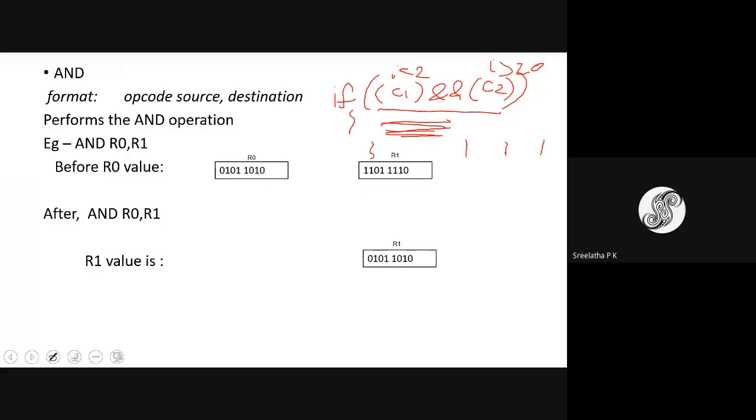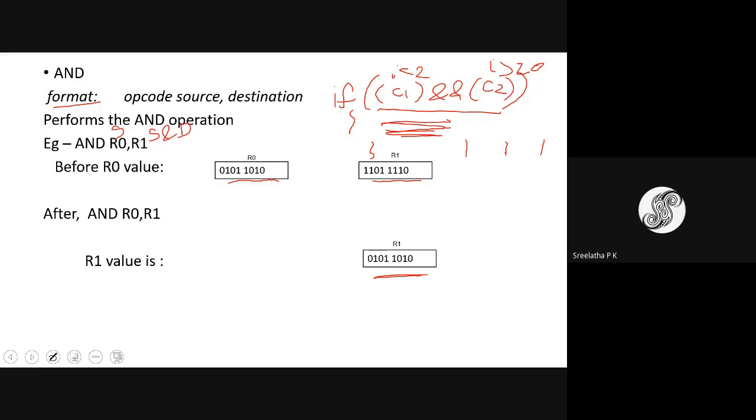The format of the and instruction is opcode and, source and destination. So r0 is the source and r1 acts as both source and destination. If the r0 content is this and the r1 content is this, then and r0, r1 gives the result in r1. What is the result?